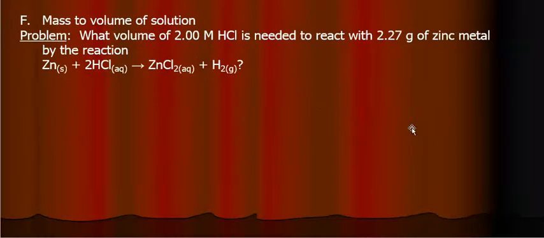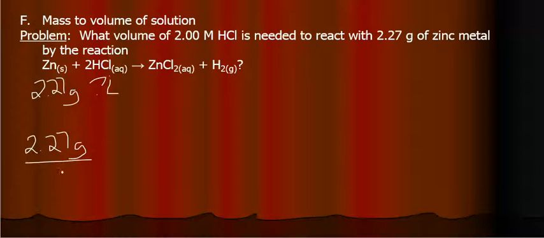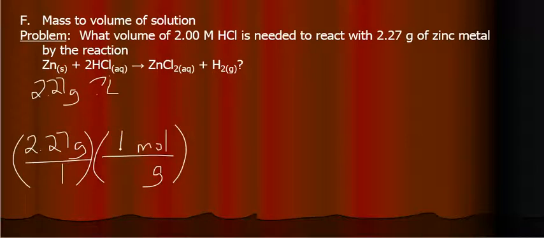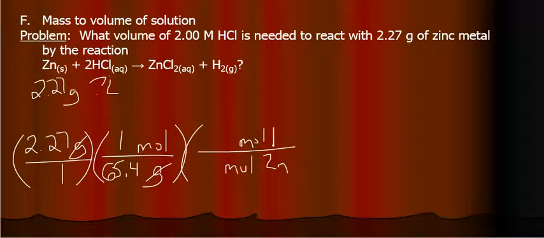Mass to volume of a solution. I have 2.27 grams of zinc metal. I want to know what volume of HCl I need. Well, I'm going to start with the 2.27 grams of the zinc. I'm going to convert grams to moles just like we always do. And for zinc, the molar mass is 65.4. And then I'm going to go from moles of zinc to HCl, that's what I'm looking for. Coefficient's 2 to 1.